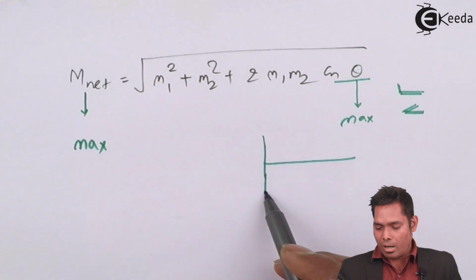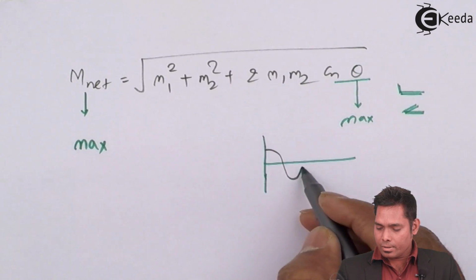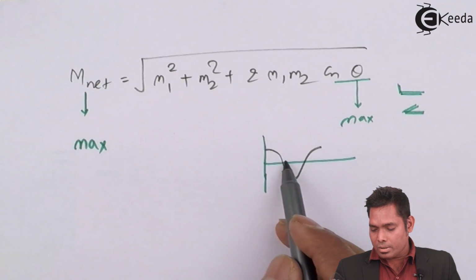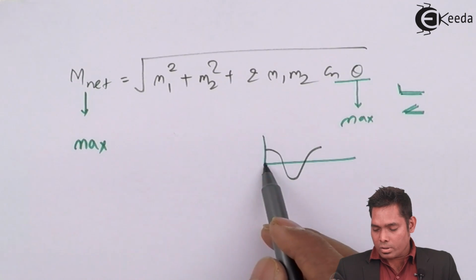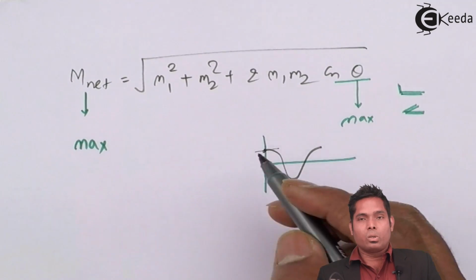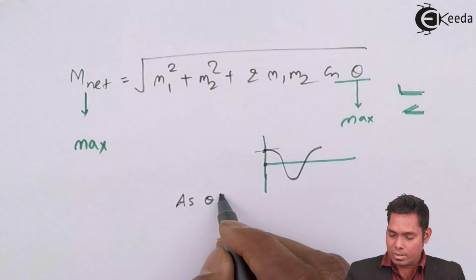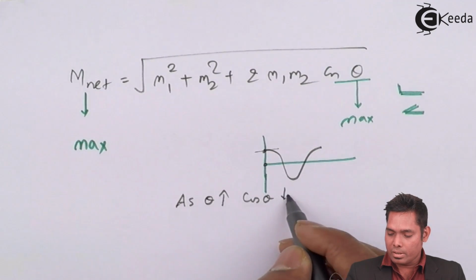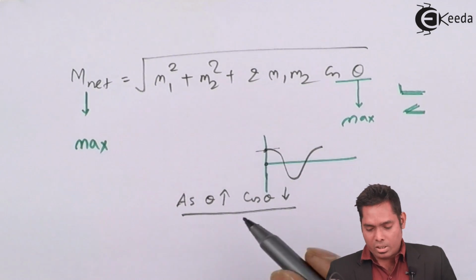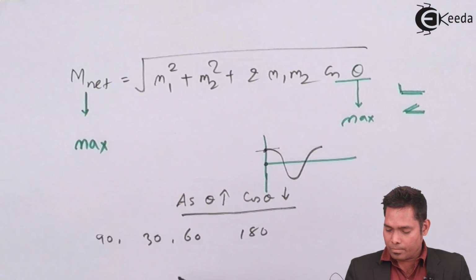As you see the graph of the nature of the curve for cos is like this. As theta increases, the cos theta value decreases. At the lowest angle, cos theta is maximum. In this case we have 90 degree, 30 degree, 60 degree, 180 degree.